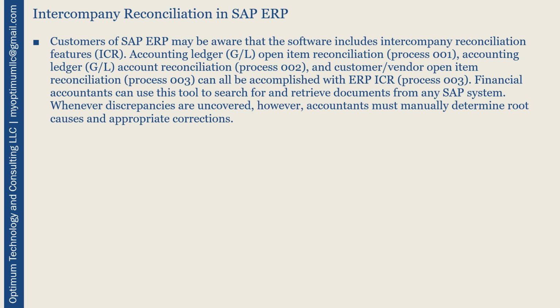Financial accountants can use this tool to search for and retrieve documents from any SAP system. Whenever discrepancies are uncovered, however, accountants must manually determine root causes and appropriate corrections.